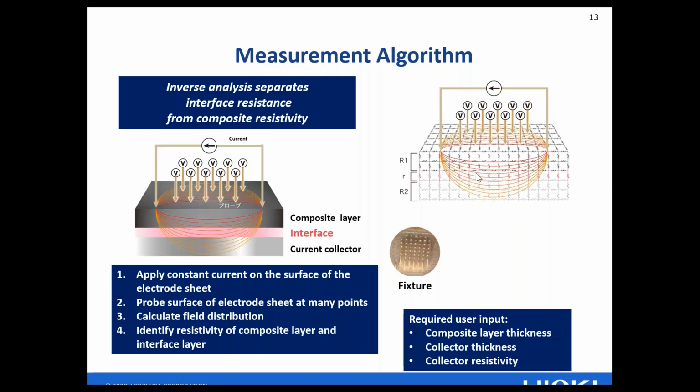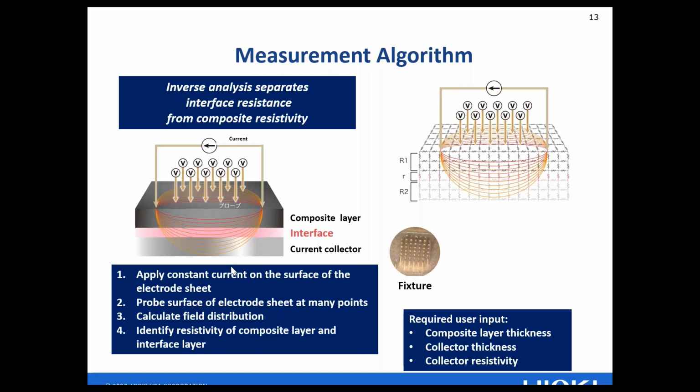And based on that comparison, we can calculate the resistivity of the composite layer and of the interface layer. So basically, as I said, it's an inverse method. We measure the effect and then we calculate the cause compared to the theoretical model and then adjust our model until the model accurately predicts the result that we're measuring. And I hope this makes sense.